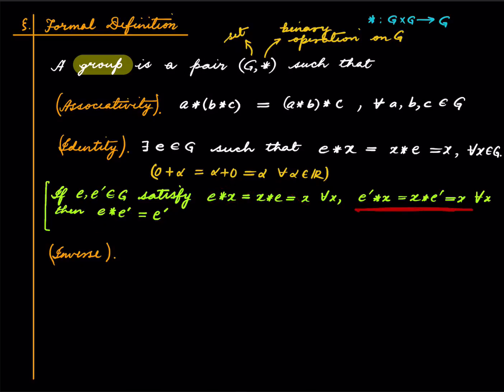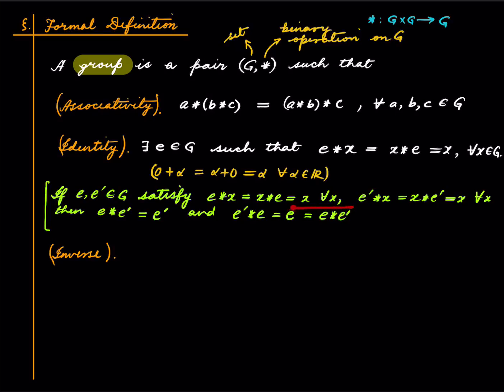Now let's come here and think of E as x. So we get E prime star E equals E, which is also equal to E star E prime. In this equation I just substituted x equals E and I get that equation.